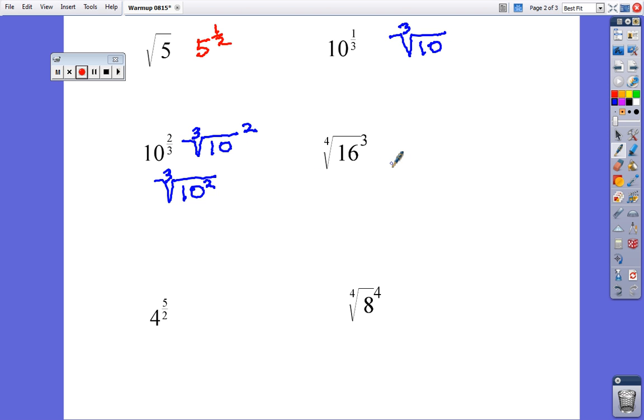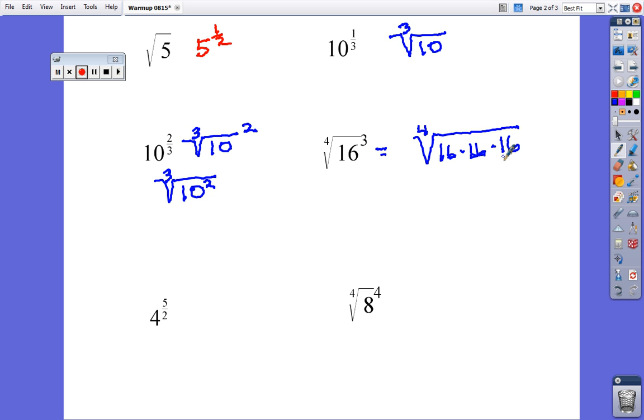Over here we got the 4th root of 16 to the 3rd power. That means we can rewrite 16. We're going to evaluate this 3 times. And this is to the 4th power.